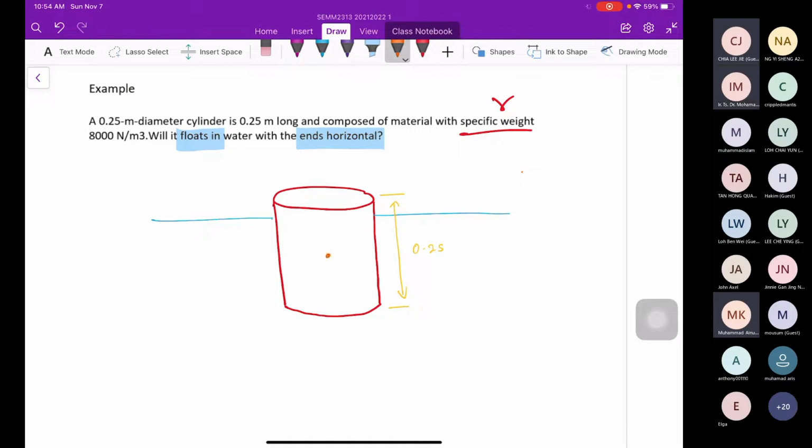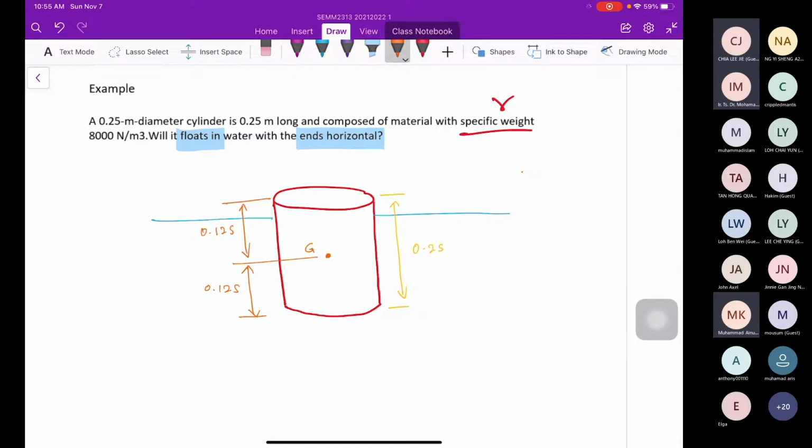This is G, the center of gravity for the object. The distance here is 0.25 and here it is 0.125.